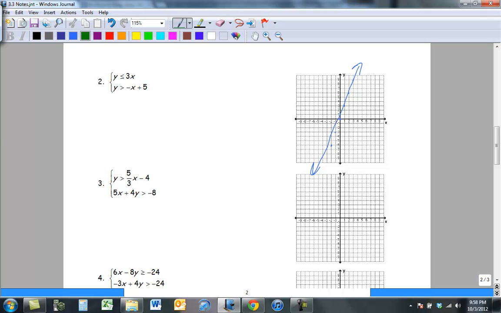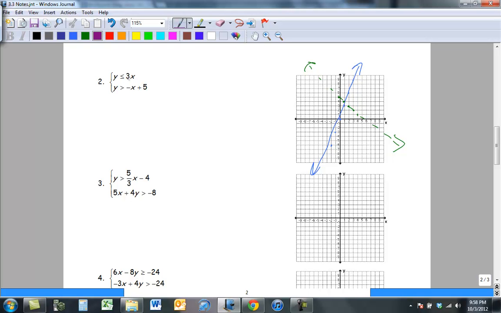But for me, some of you might start getting good at this where, instead of making a mess, you can do it as a last step. Now, you're welcome to use different colored pencils or a pencil and a pen and try and figure it out. What I would do is do the pencil first and then make sure that your final answer is obvious, what your final shaded area is.